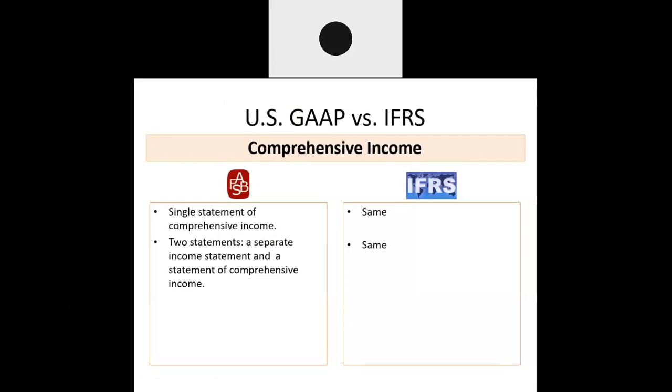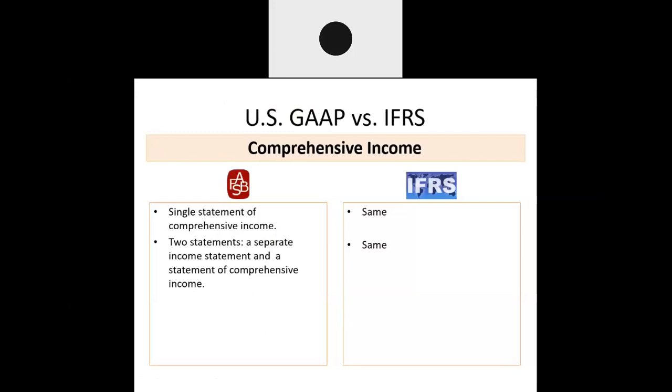For the statement of changes in shareholders' equity, we only show the changes in equity arising from transactions with the owners. But for the statement of comprehensive income, we show the changes in equity arising from transactions with non-owners.